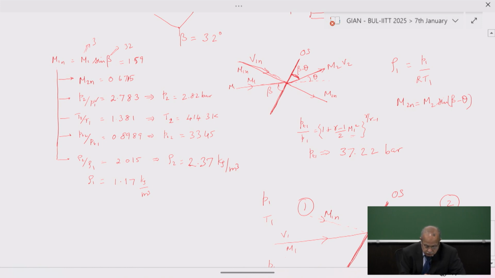Now you have already found out what is M2n from the table, which is 0.6715. So this is known. Beta you have found out as 32, theta given in the problem. So you can find M2 as M2n by sine beta minus theta.